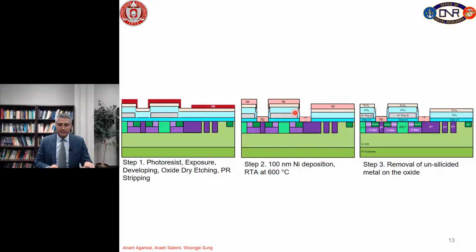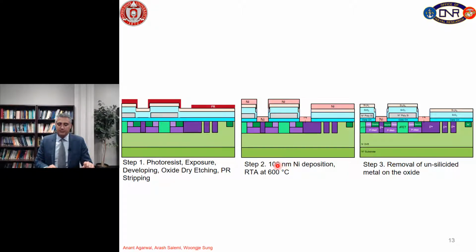And then we have these opening windows for depositing nickel. But one thing is so important: when you etch the oxide and reach the silicon carbide, you need to put the sample as soon as possible in the evaporator. Otherwise, silicon dioxide will grow on the surface, and then we are depositing nickel on the oxide instead of silicon carbide. So native oxide is so important to be prevented.